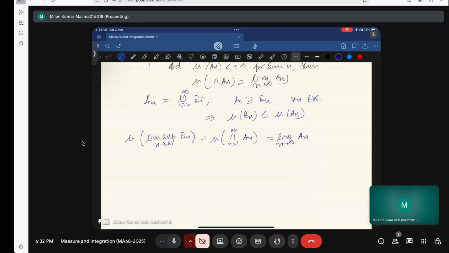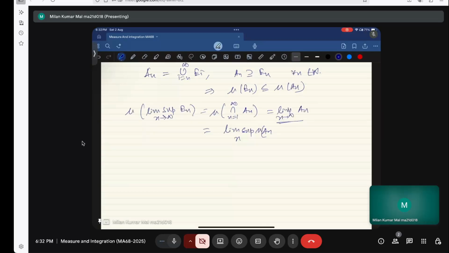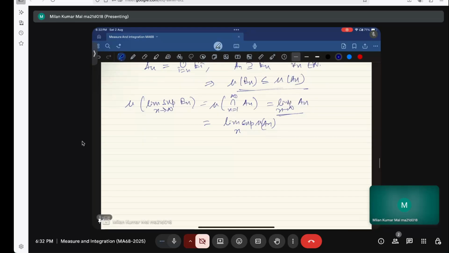And that is equal to the limit supremum, because here we need supremum, because the exact limit exists. So the limit supremum of mu of An, but as mu of An is greater than or equal to mu of En, if we take the limit supremum on both sides, it will preserve the inequality.